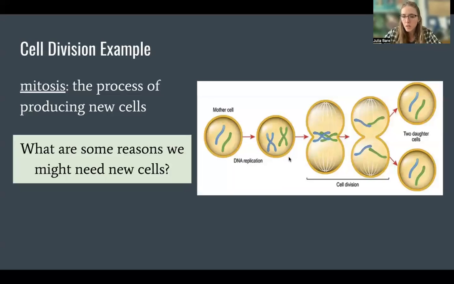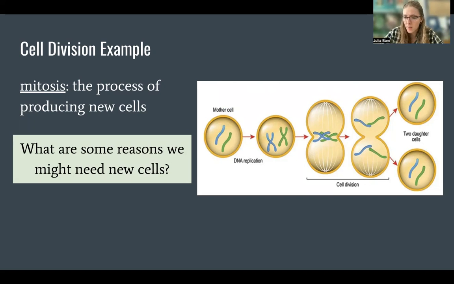The process of creating new cells is where we replicate the DNA, so we have 2 copies of DNA, then those copies of DNA get pulled into separate cells. So at the end of this process, you get 2 complete, fully functional cells. So I want you to pause and think about, what are some of the reasons we might need new cells?